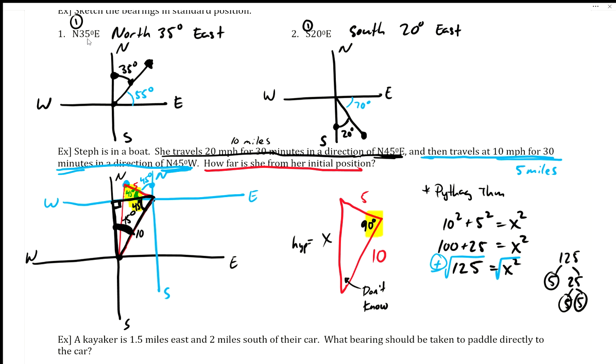So that means we've got the square root of 5 times 5 times 5. We can do 5 times 5 under a square root. So this simplifies to be 5 square root of 5 is our x. And I'm just going to rewrite it. Miles. Okay, so if we need to plug that into a calculator, we can get the decimal, but that's it.